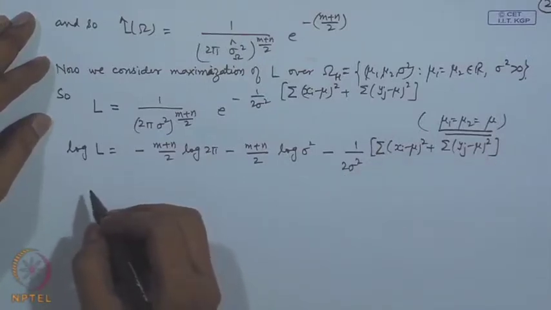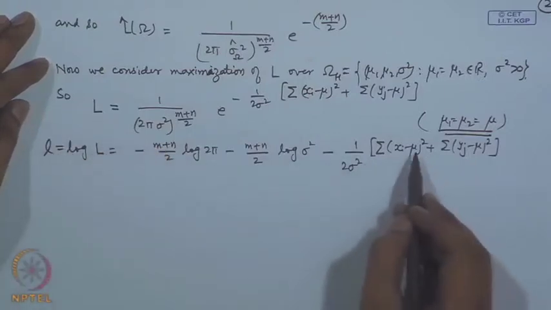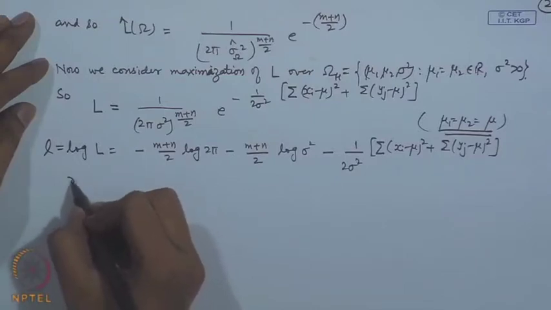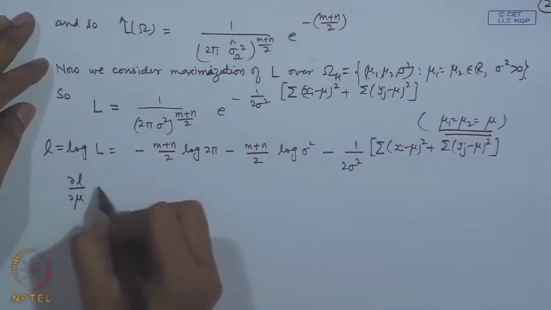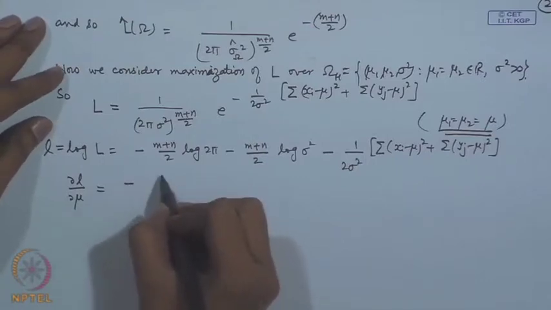So, let us consider the maximization of this with respect to mu and sigma square. So, the derivative with respect to mu will give me minus 1 by 2 sigma square.